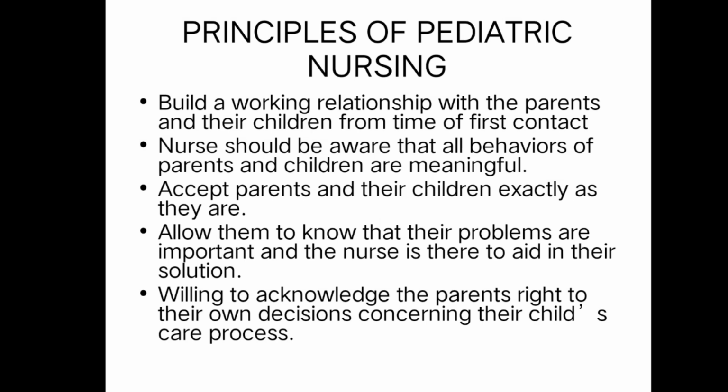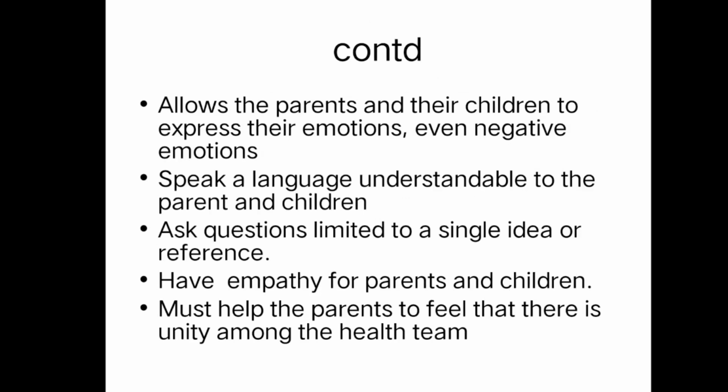Accept the parents and their children exactly as they are. Allow them to know that their problems are important and the nurse is there to aid in their solution. So you should give assurance that whatever the treatment process or diagnostic procedures, we as nurses will be standing along with them for the benefit of the child.